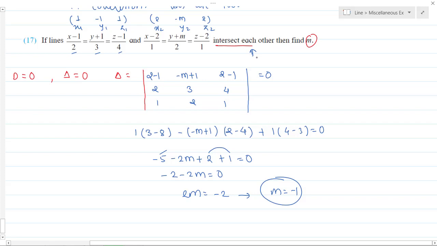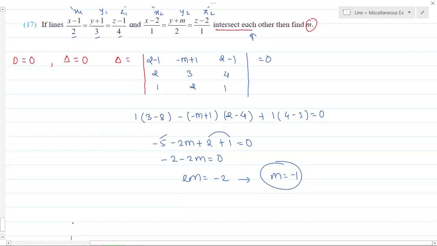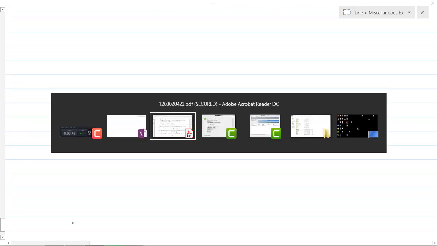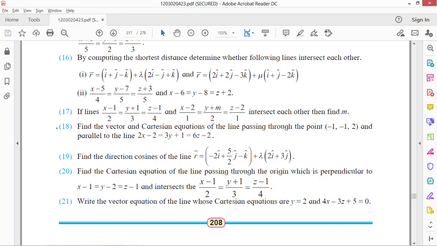So in this way we can solve these types of questions. Just have the concept, boss, again and again I am telling you, only the concepts are very important, no need to remember anything else. Let's find out question number 18.